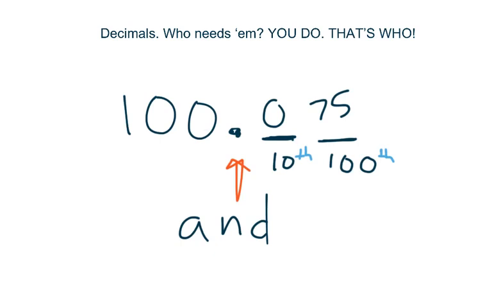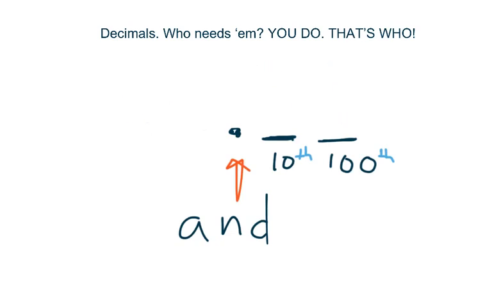You can only have one digit in each place value, just like normally. So 75. Well, this is what that literally means. 70 plus 5. Would that give me 75? 175 hundredths. Yep, that would totally give me what I need there. 175 hundredths.